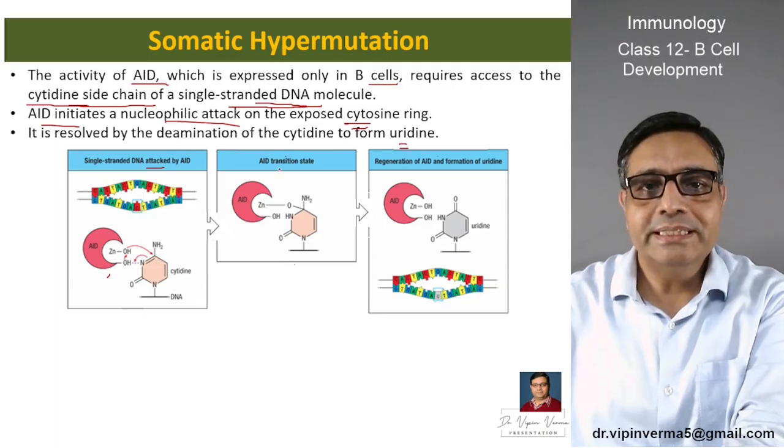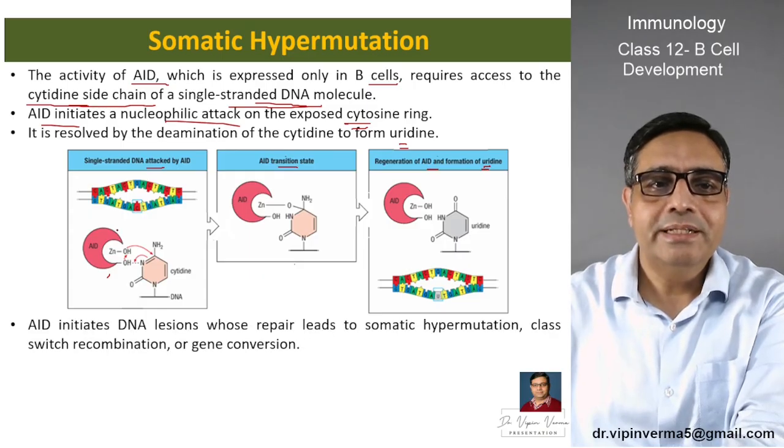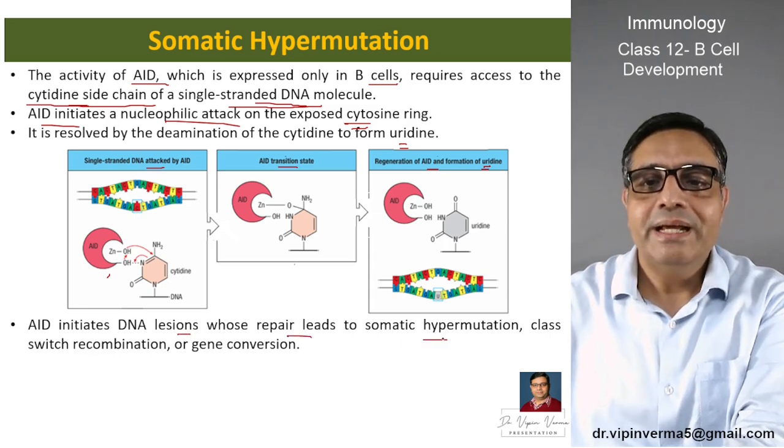Here this is the AID transition state, and then finally there is a regeneration of AID and formation of uridine, correct? So AID initiates DNA lesions whose repair leads to somatic hypermutation, and, through class switch recombination or gene conversion.